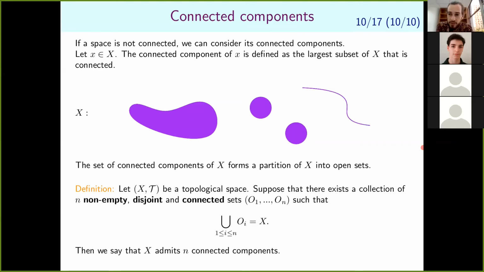And what happens is that you can subdivide your topological space into connected components. You can consider the different connected components, and this forms a partition of X. So for instance, here, X is a space that admits 4 connected components.